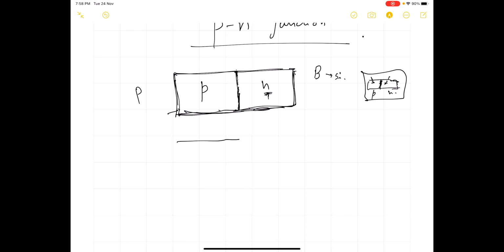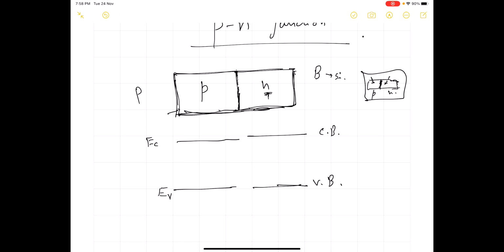Here is the p-type, and here is the n-type. So this is the conduction band, this is the valence band, and where will lie the Fermi level? Let's say energy wise, this is EC, and this is EV, the energy of the valence band.